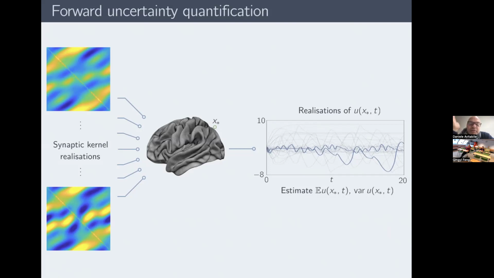A very often studied task is what is called the backward or the inverse problem. That is, estimate the kernels given the data set that I read. So the forward problem perturbs the inputs and estimates the expectations of the outputs. But often uncertainty quantification, and this is a very exciting field that I will tell you about later perhaps, goes in the opposite direction.